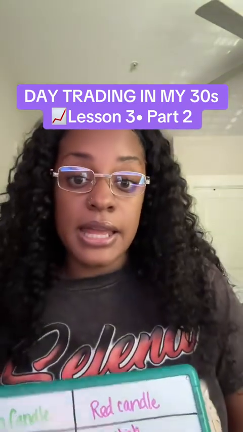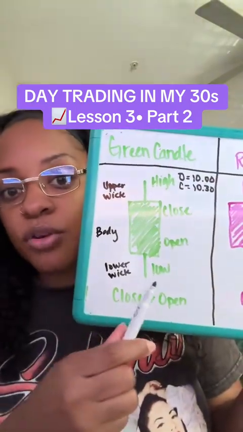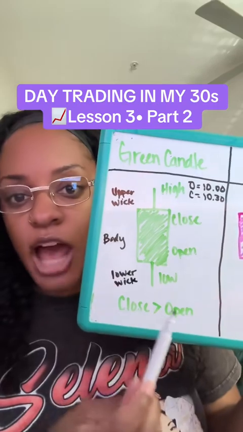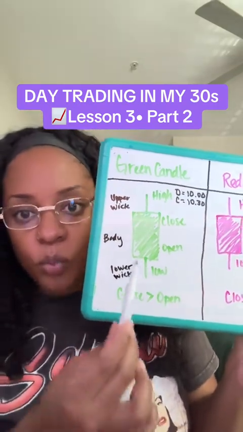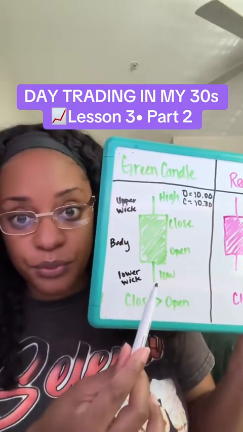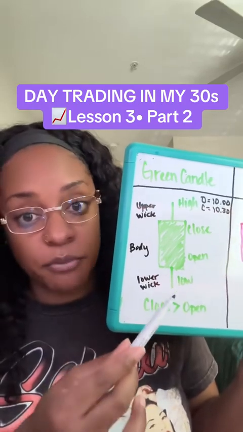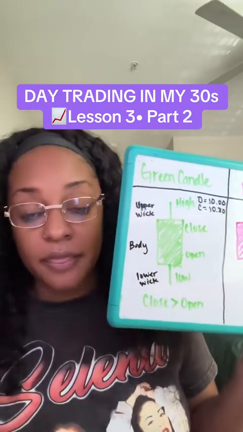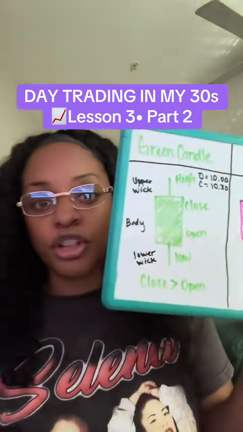That means that on that lower wick is going to be $9.98 because that's our lowest price. That lower wick will be your lowest price during that interval. The lowest price that displayed on the screen during that time frame is your lowest price. So in that example, $9.98 would be on your lower wick.